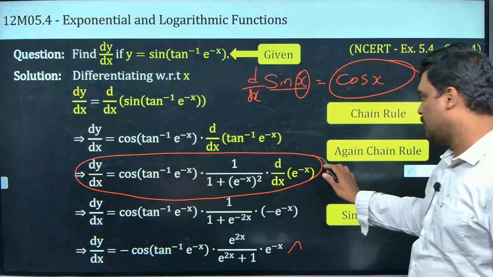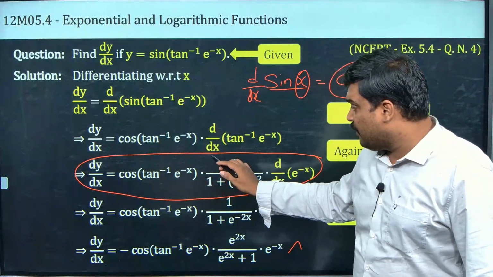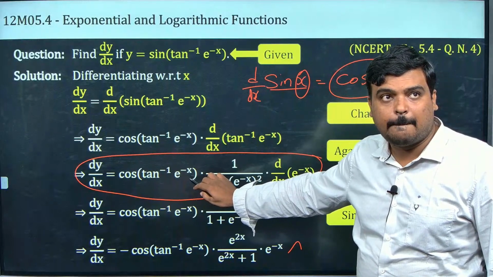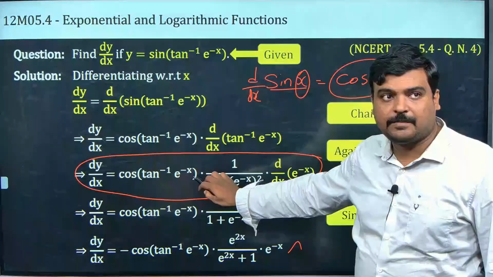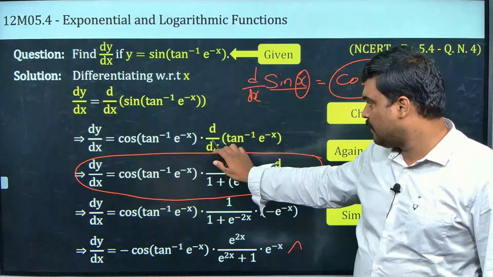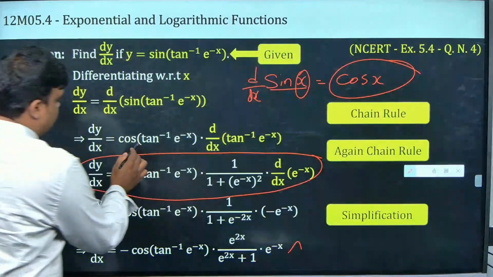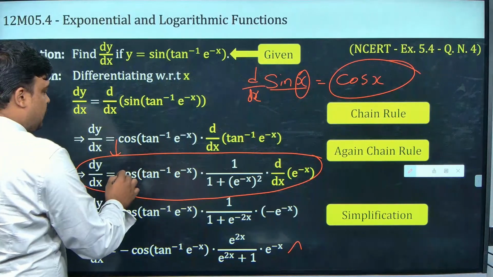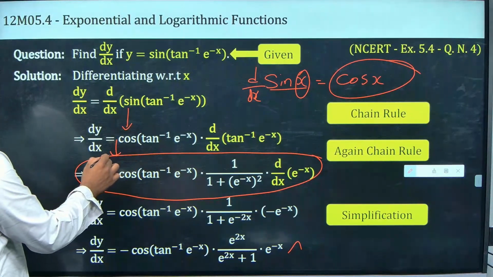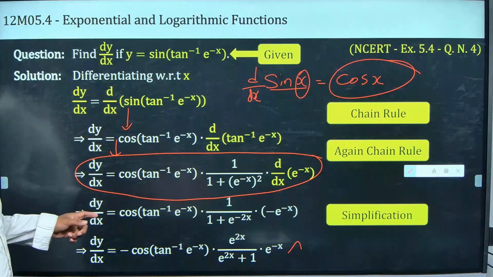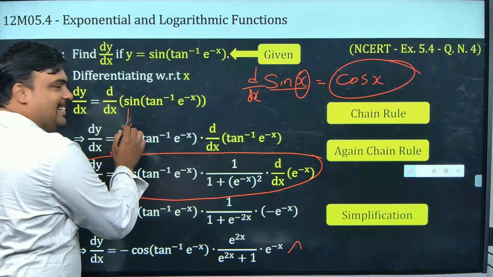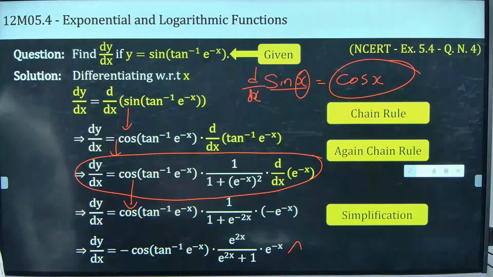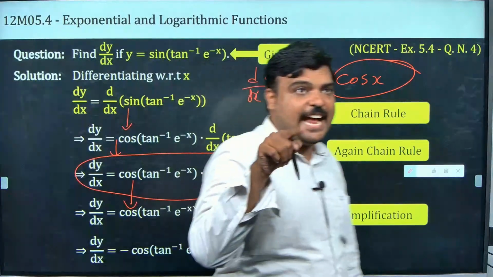From the second step to the third step, sir. Oh, this one to this one. Yes, sir. See, what is the differentiation of tan inverse of x?